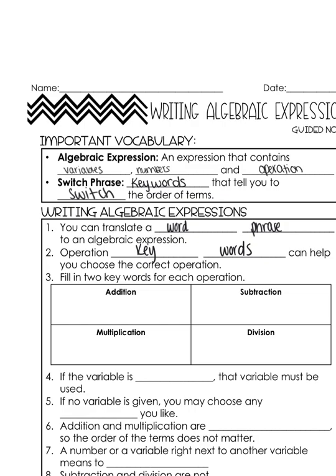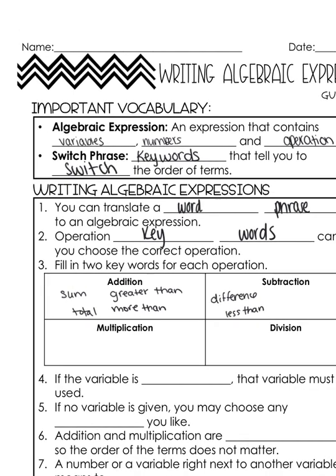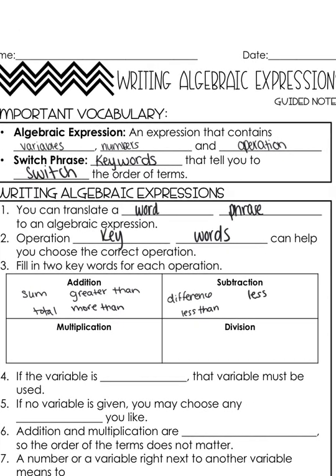Some examples of those keywords for addition are sum, greater than, total, more than. Okay. Subtraction, you could have difference, less than, less, decreased by.